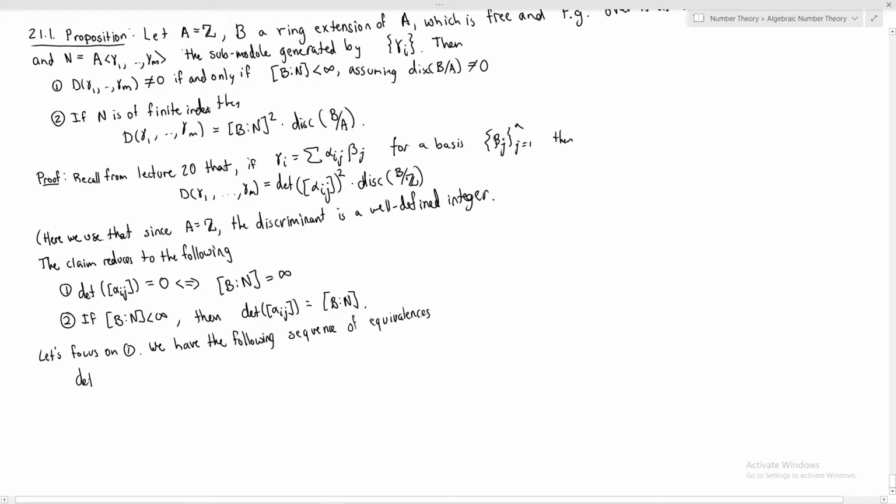The determinant of this guy is equal to 0 if and only if this matrix is not invertible, or sorry, no, that's not quite right.